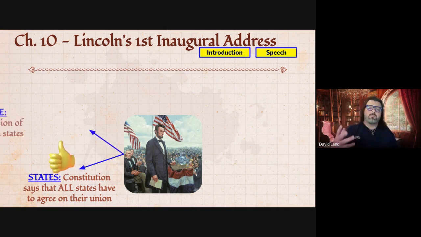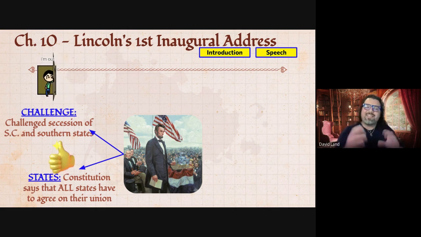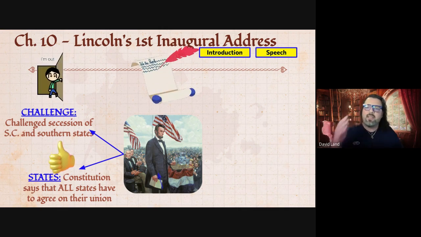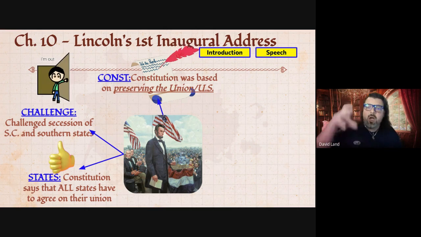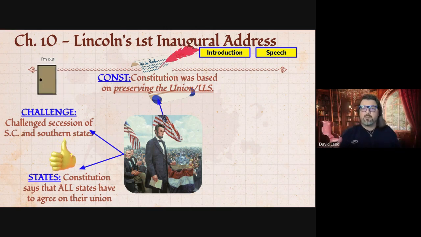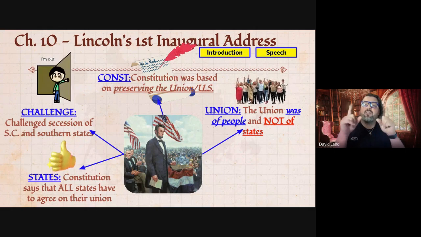He also addresses the challenges of that secession. He again states, South Carolina, hey man, you can't leave because it's not in accordance with that Constitution. We the people. The Constitution was based on keeping the U.S. together. This is his argument as president. This is what he's telling the South. Guys, you can't leave. So the Union, he argues, is of the people.